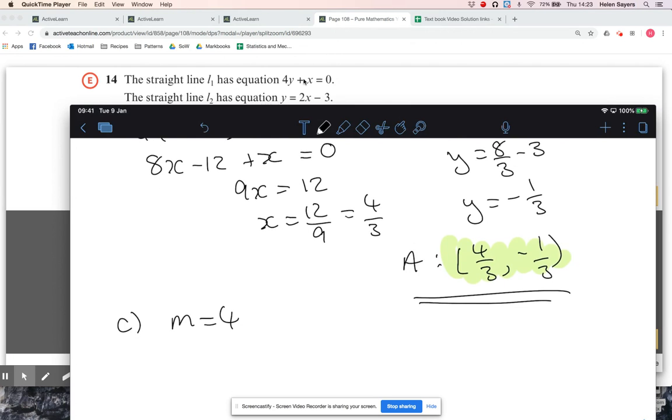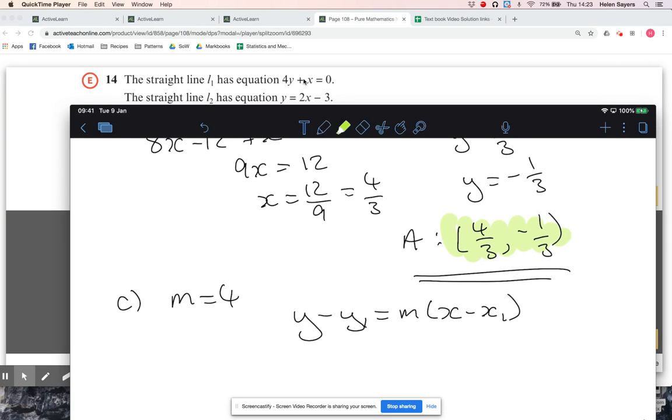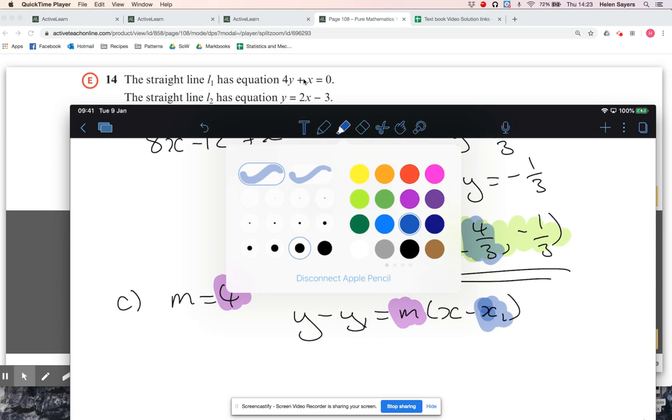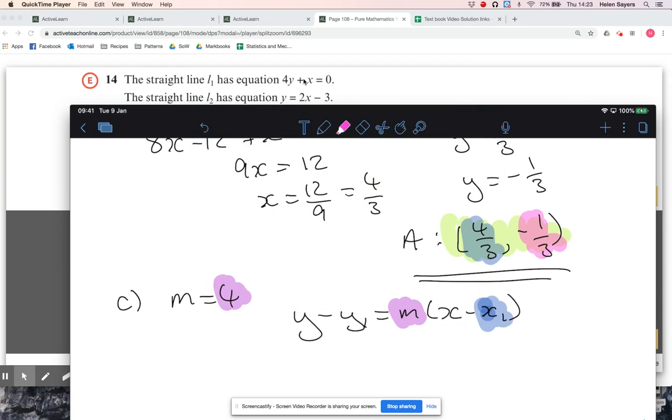Right, so nothing too bad to just finish this question off. So I'm going to use y minus y1 is m times x minus x1. So there's my gradient, there's my x coordinate, and there's my y coordinate.